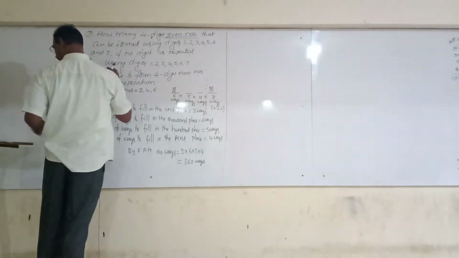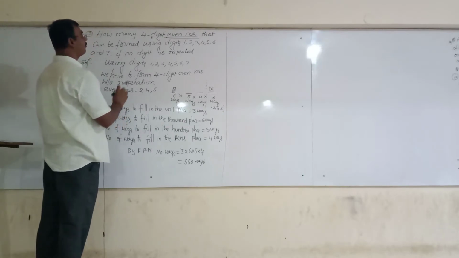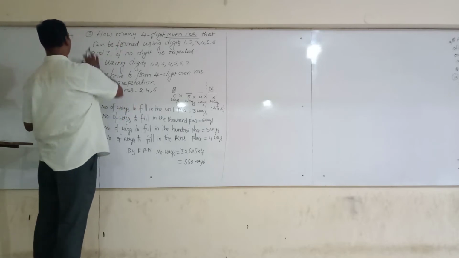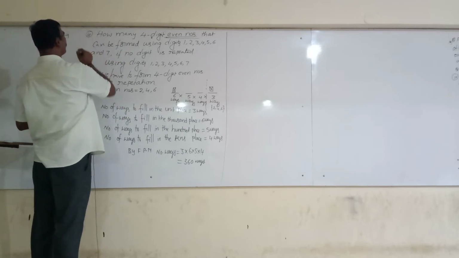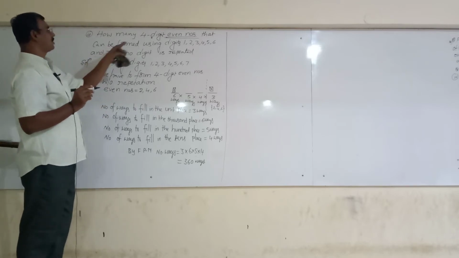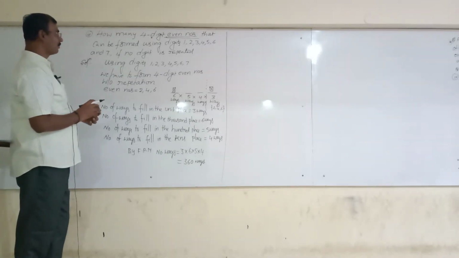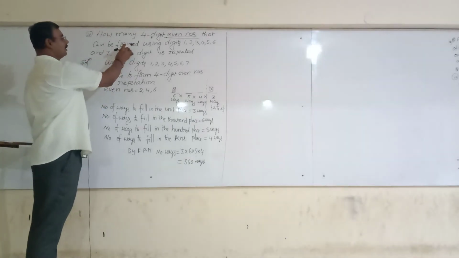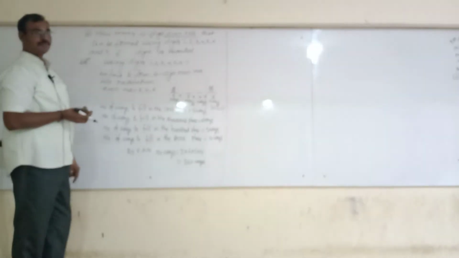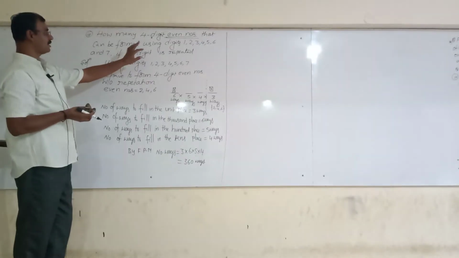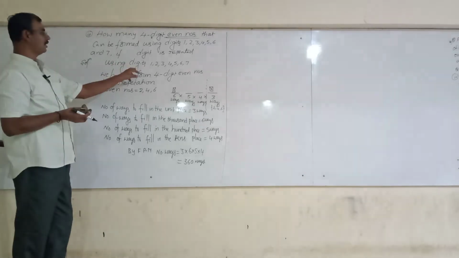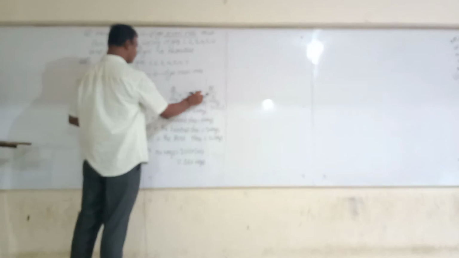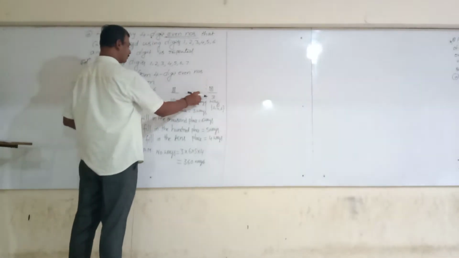Next problem. How many 4-digit even numbers can be formed using the digits 1, 2, 3, 4, 5, 6 and 7 if digits are repeated?